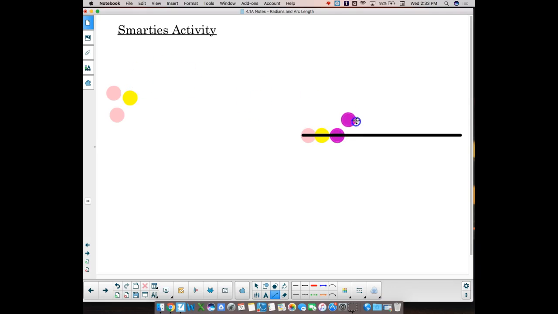However many Smarties you went with, that's how many you use. I'm going to go with 7 because I got 7 Smarties on my board. Then make yourself a little tick mark out there to show how far out your Smarties go.